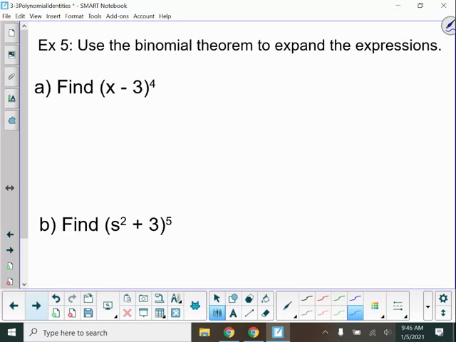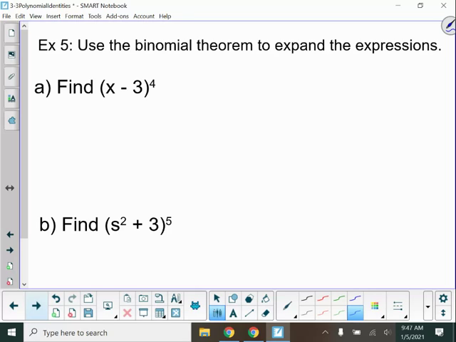Okay, so we have example 5, use the binomial theorem to expand these expressions. We are going to find first x minus 3 to the 4th power, and then s squared plus 3 to the 5th power. So we do need to know which row we're going to be using from Pascal's triangle.